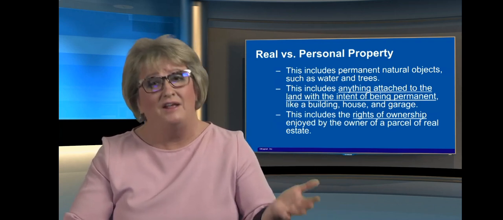This includes the permanent natural objects such as the trees and the water, and it also includes anything attached to the land. If the owner intends to have that attached permanently, then that will be transferred with the land too, and it's an appurtenance.